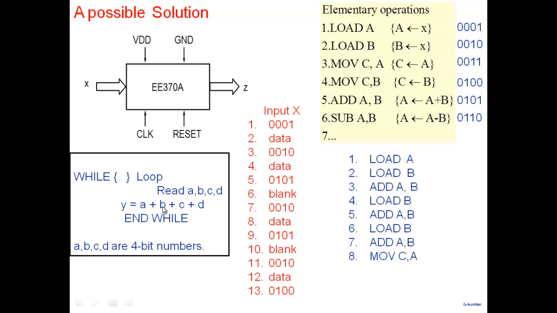Which data? B. And then you are adding it up, blank. Then again an instruction, and which data are you supplying? C. And then you are adding up again, blank. And then instruction again, which data are you supplying? D. And then you are adding up again. And then you're moving the output to C, 0100. Moving to C.